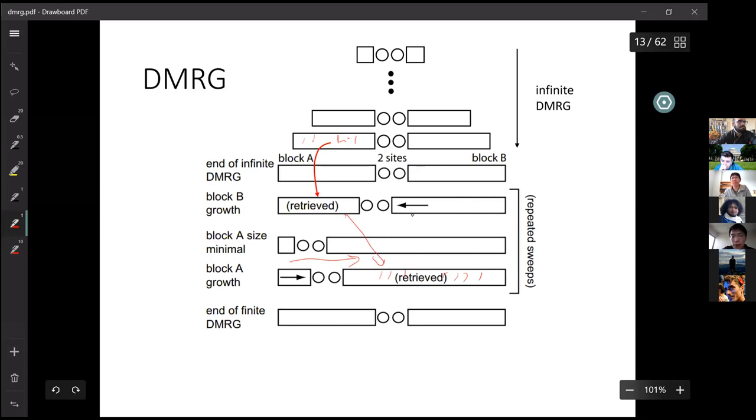Even if what you are retrieving is not exactly the 2L length system, it doesn't matter, because you will keep optimizing this basis choice in the future. I see. So the retrieval is also happening in the later steps. Okay, got it.